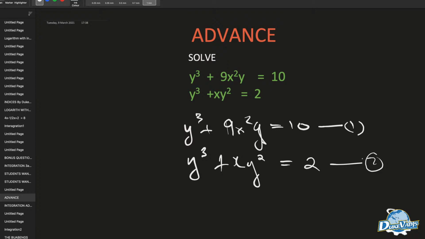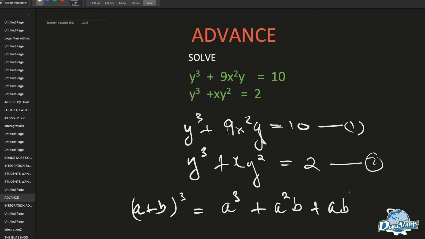Okay, we should bear in mind that if we have the expansion of a plus b cubed, we know that it's a cubed plus 3a squared b plus 3ab squared, and finally plus b cubed.